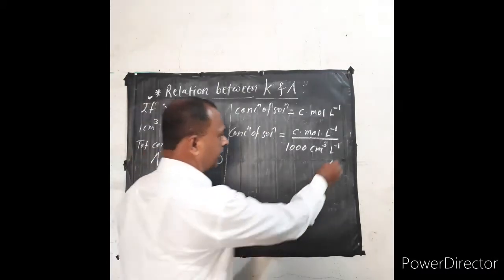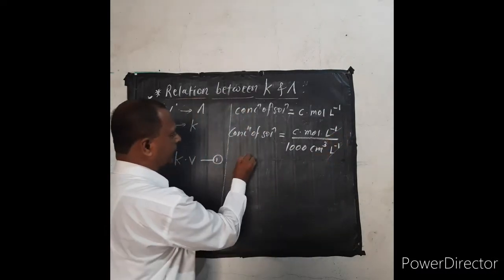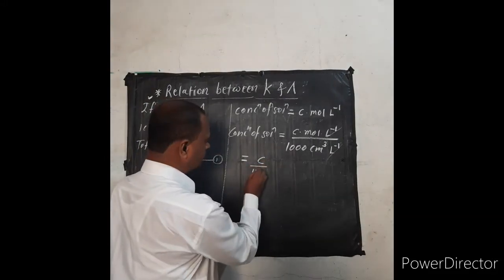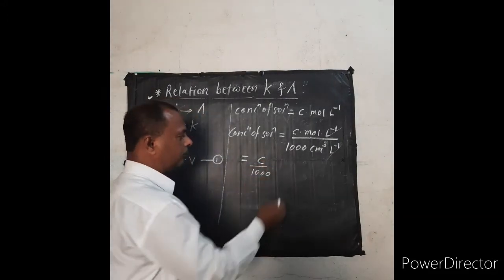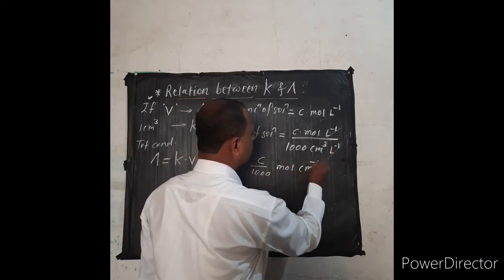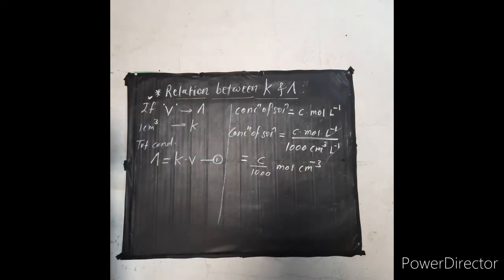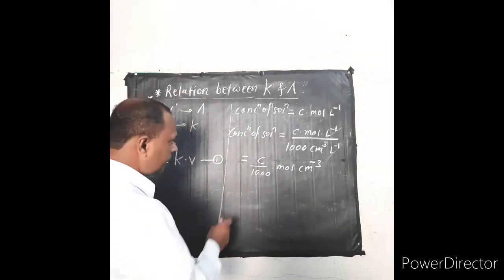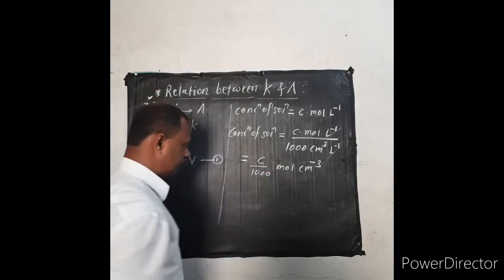The liter inverse gets cancelled, so what remains is C upon 1000 mole centimeter cube inverse.